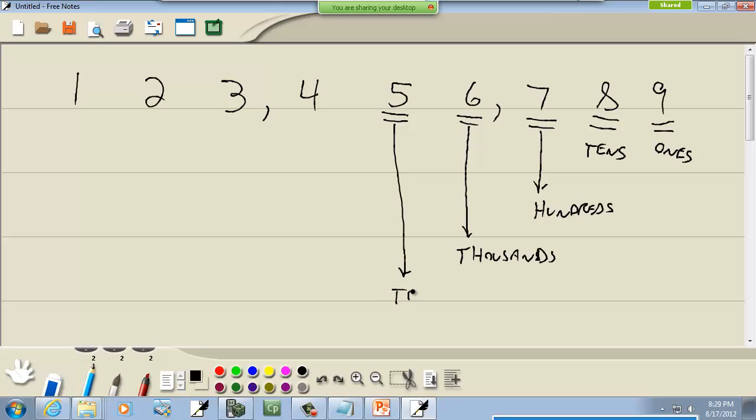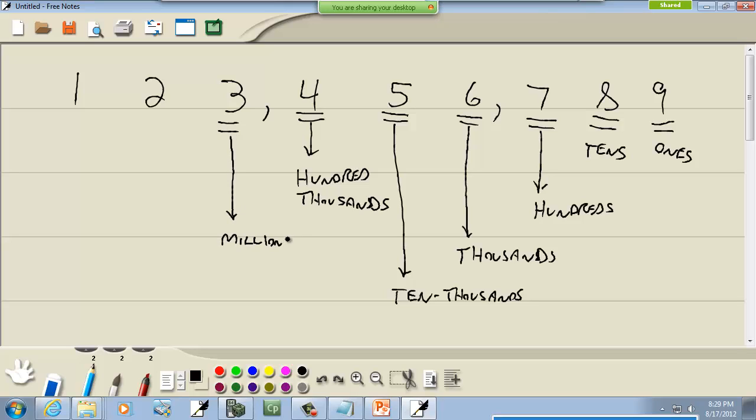This one right here is 10,000s. This one is 100,000s. This one is millions.